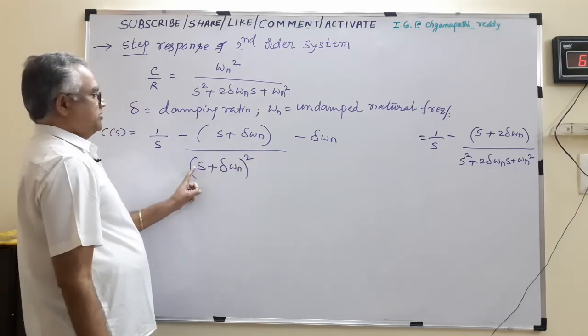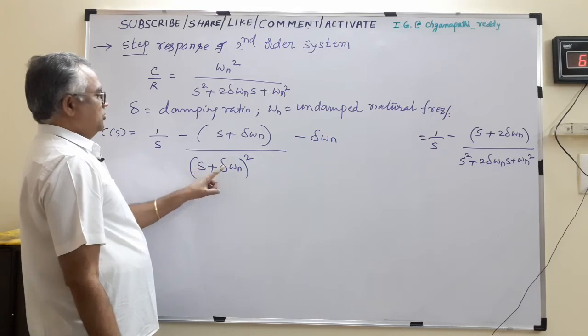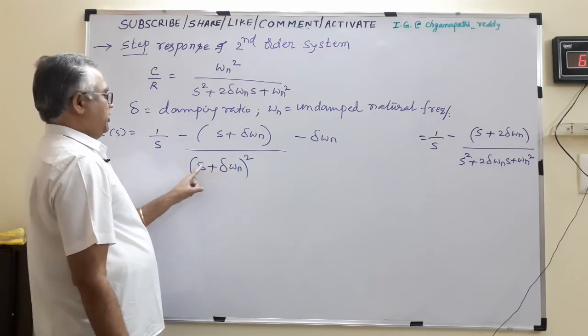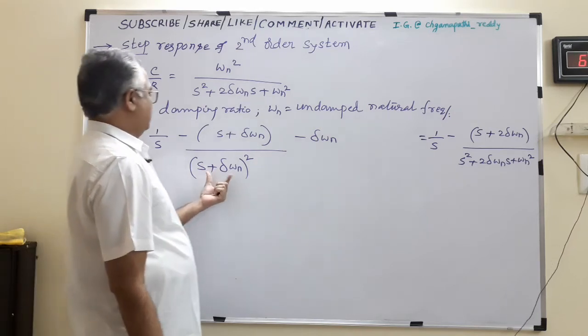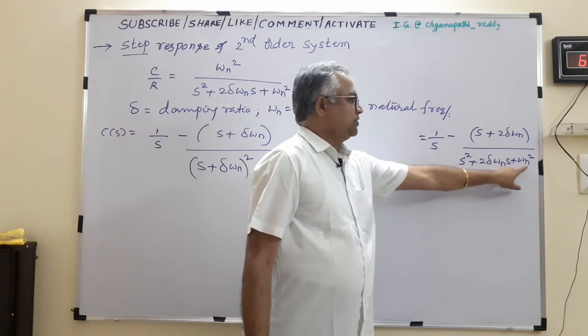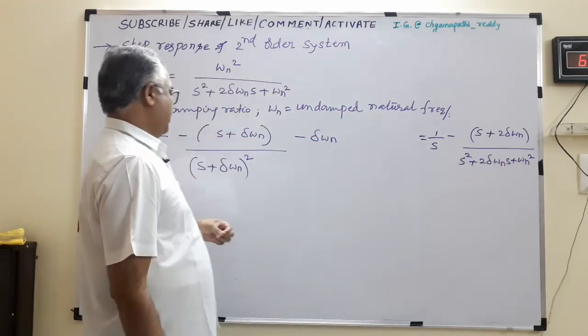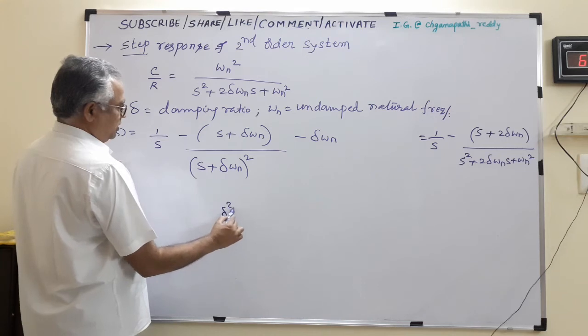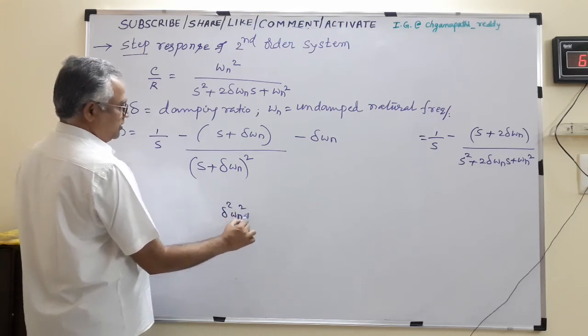So when I expand, s square will come, the 2ab term gives 2 delta omega n s. So a square term, 2ab term. Now the b square should be omega n square. That means what is the b square term here? Delta square omega n square.